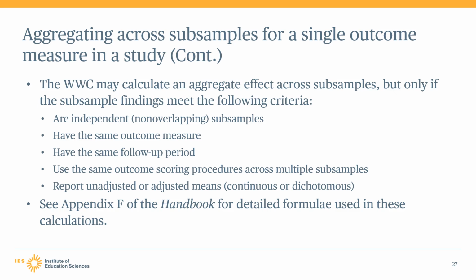Third, the subsample findings must have the same follow-up period. Fourth, the subsample findings must have used the same outcome scoring procedures. And finally, unadjusted or adjusted means must be reported. For more detailed information about the formulas used for aggregating these findings, see Appendix F in the handbook.